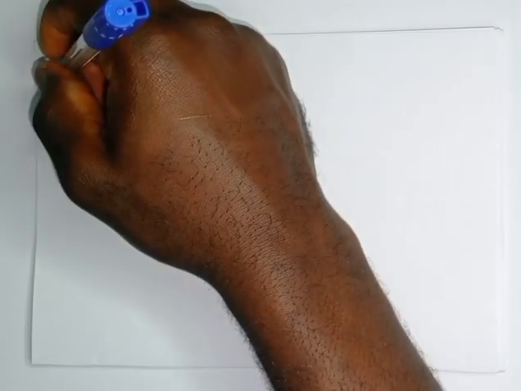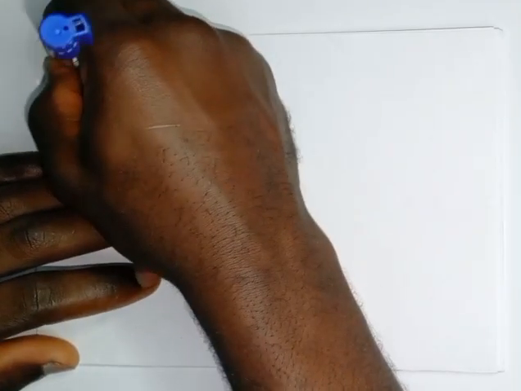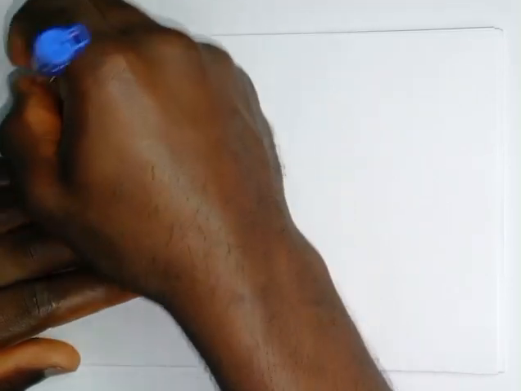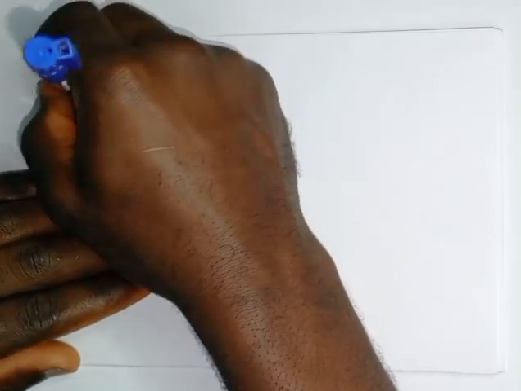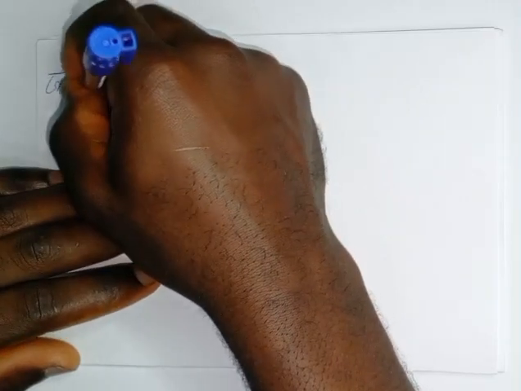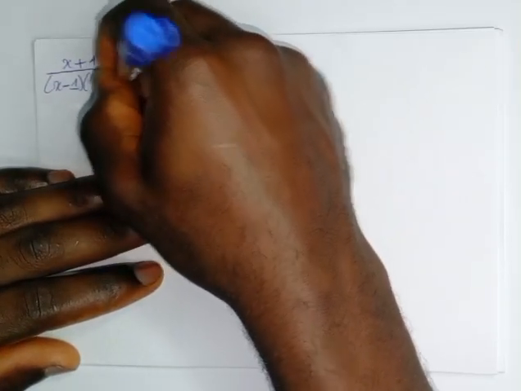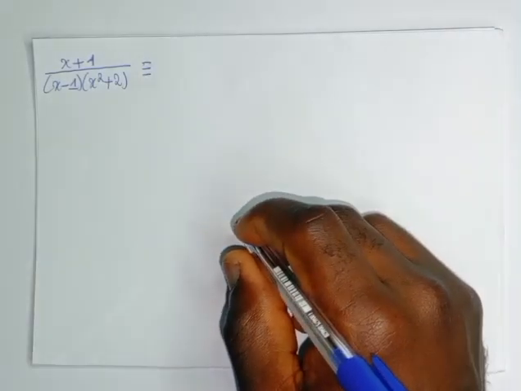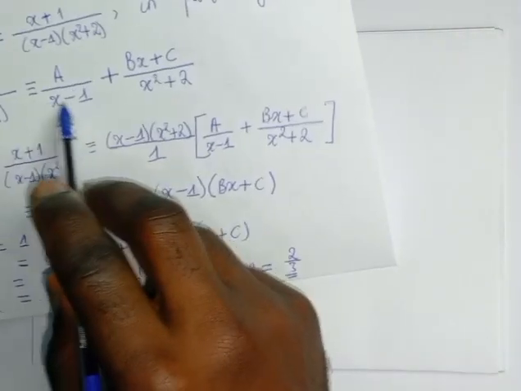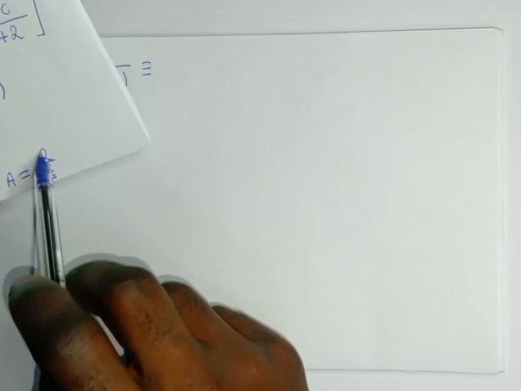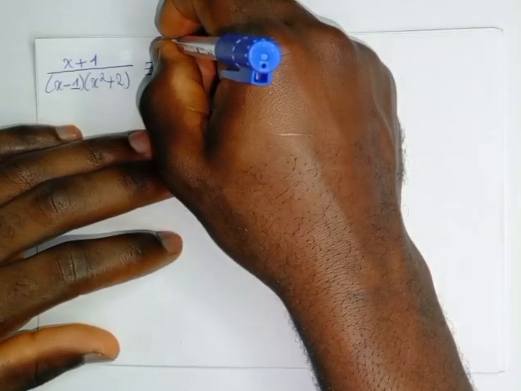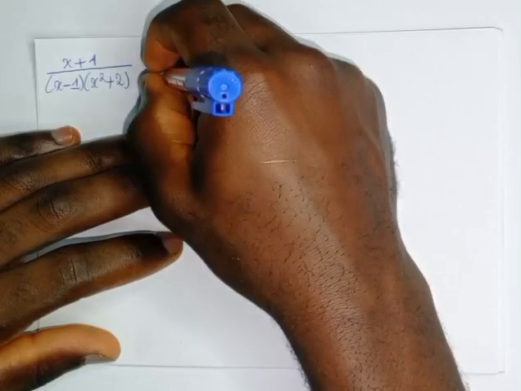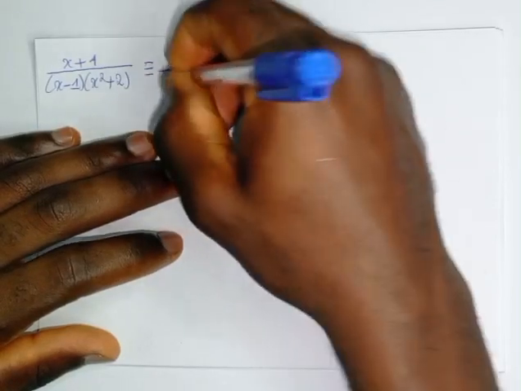This will give us x plus 1 all over x minus 1 times x squared plus 2 to be identical to a on x minus 1. We know a is 2/3, 2 over 3, like this, all over x minus 1.